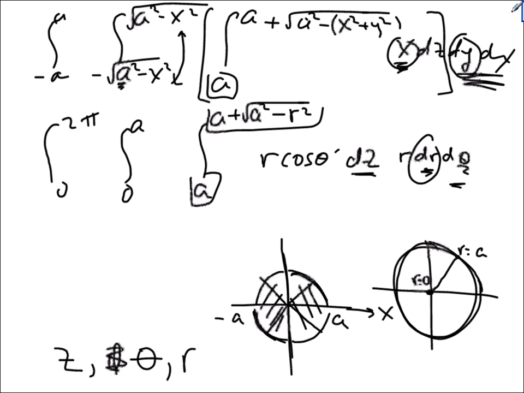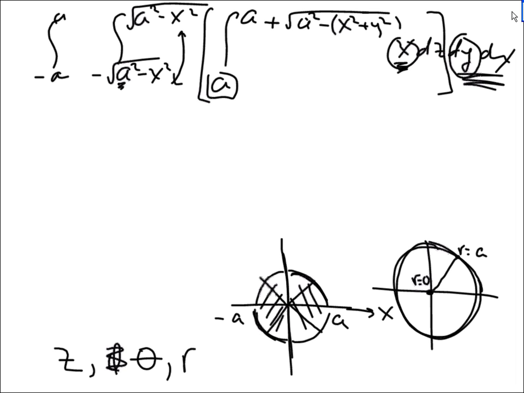You might want to say that that's r squared cosine theta. So that is how you would go from rectangular, the top integral, to cylindrical, the one that has r's, thetas, and z. I don't say polar, because polar just has r's and thetas, doesn't have z's.